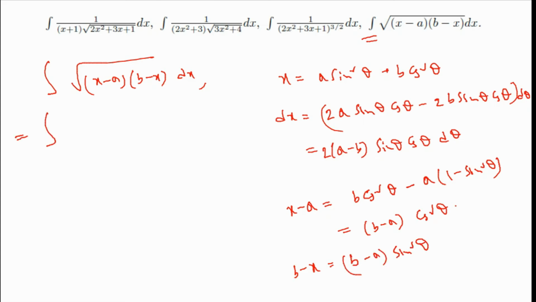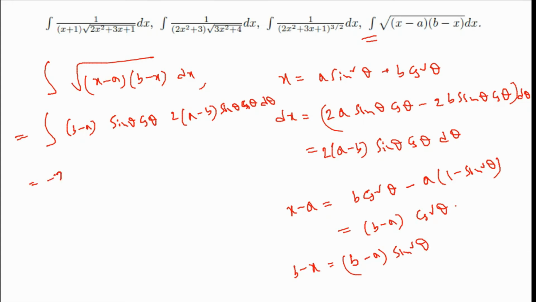From here, if you just square root, then we have b minus a and sin theta cos theta, and again for dx, 2 into a minus b sin theta cos theta.